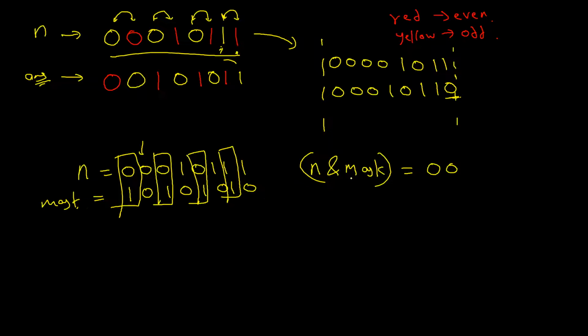So this value will also become 0. This value is anyway, even though it is 1, it will become 0 because you're not doing it. This value is also 0, right? This value, even though it is 1, it will be 0. This value will become 1. And this value will become 0, right? So you only have one bit that is set at an odd position, ठीक है, ये odd position है, only this bit is set.